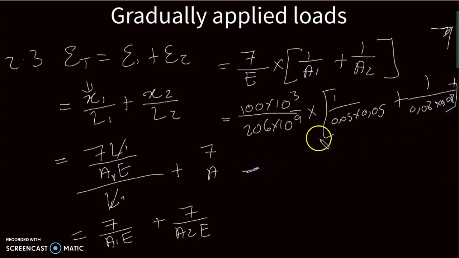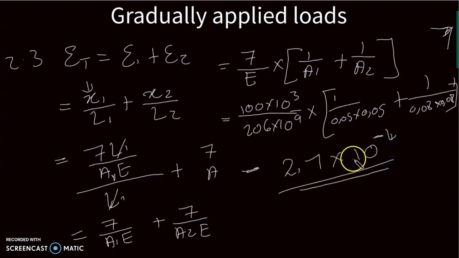And then from here, we are going to get our answer as 2.7 times 10 to the power negative 4, which will be our total strain. That is 2.3, and then we go to 2.4.